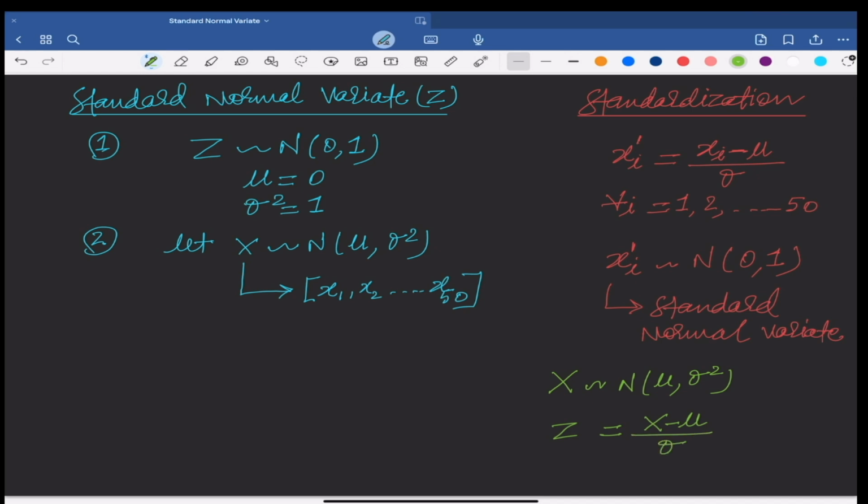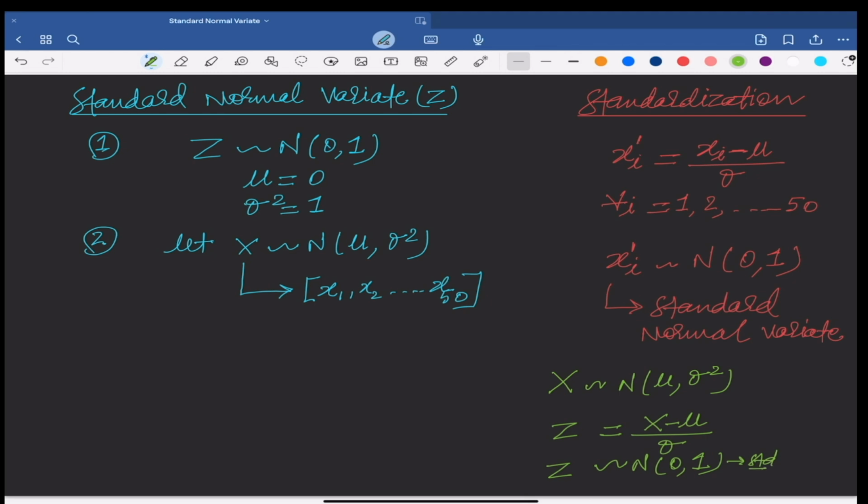As soon as we do this, z is a random variable with a distribution of 0, 1, that is, with a mean of 0 and a variance of 1. Such an operation is called standardization of data.